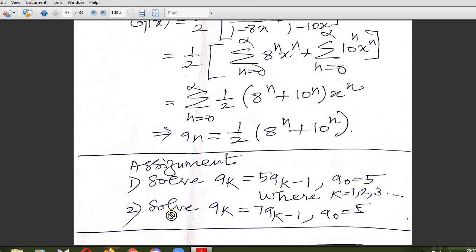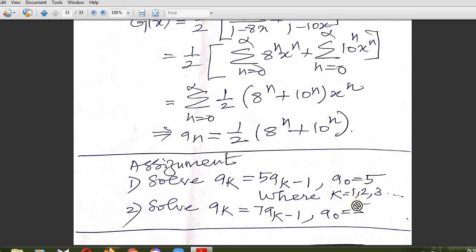Second problem, solve a_k equals 7a_(k-1), where a naught equals 5.